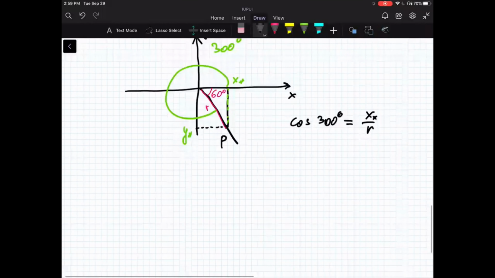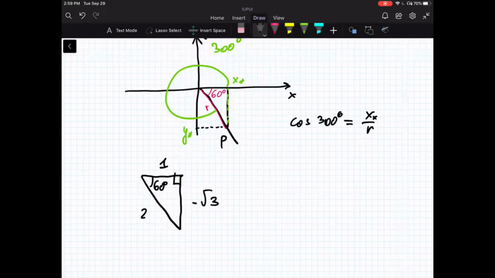So what I need to do is just find a nice right triangle that has 60 degrees. It turns out that such a triangle exists, of course, and this triangle has sides 1, 2, and square root of 3.